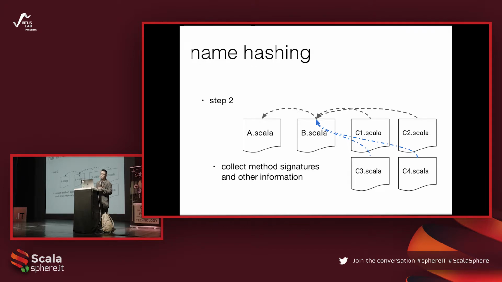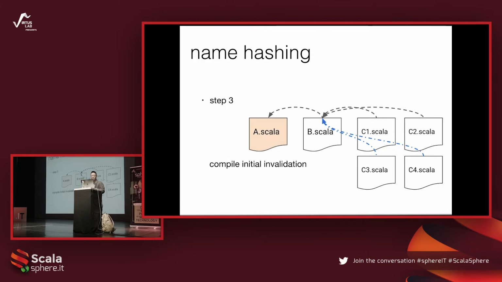Step two: when we do the compilation, there's an additional step now where we start to track your method signatures and some other information, which we'll get back to. Then, same as before, you type your code, and Zinc would look at the timestamp, or some other build tool might use a hash, to come up with the initial invalidation.